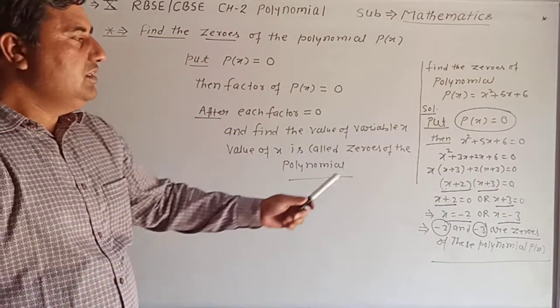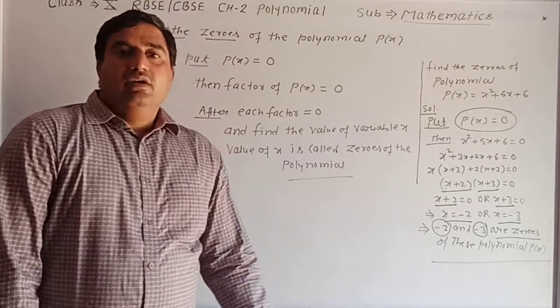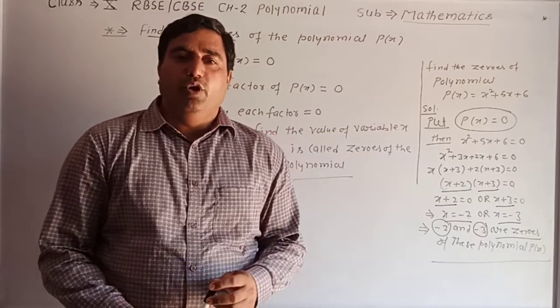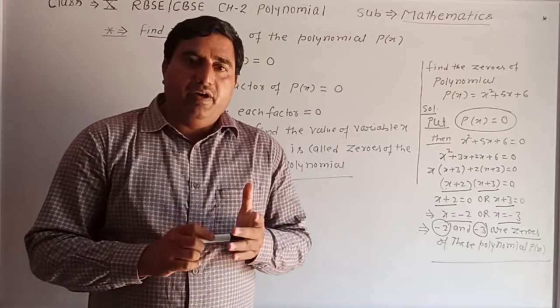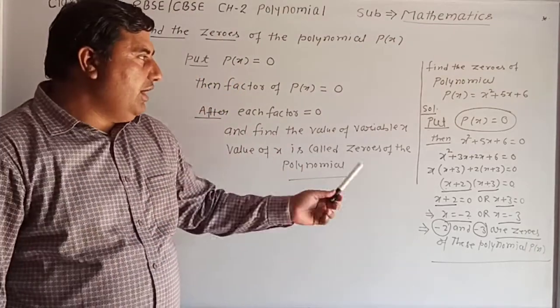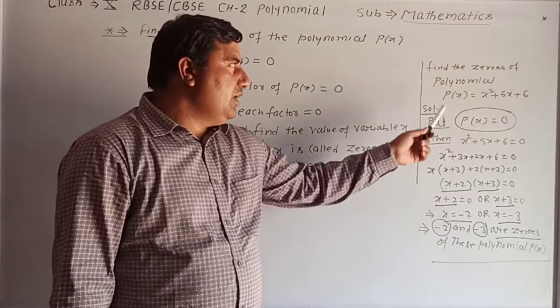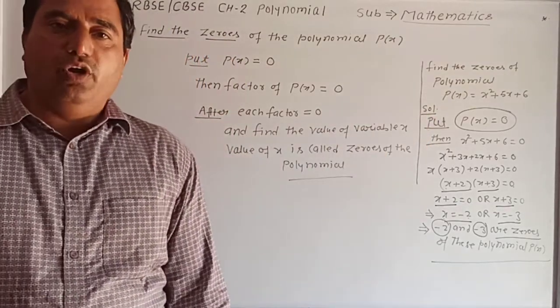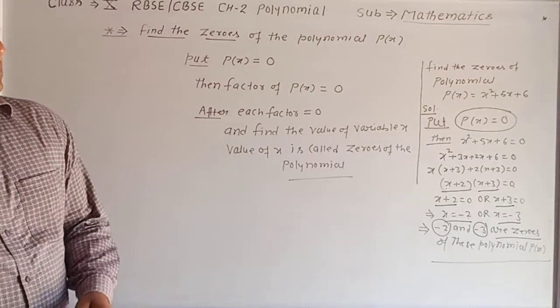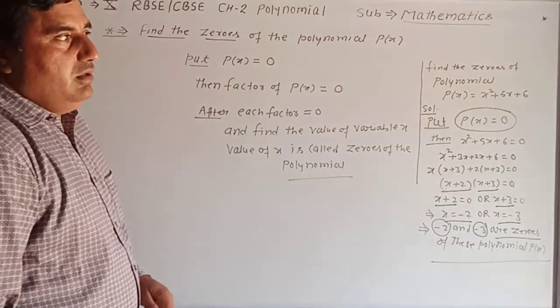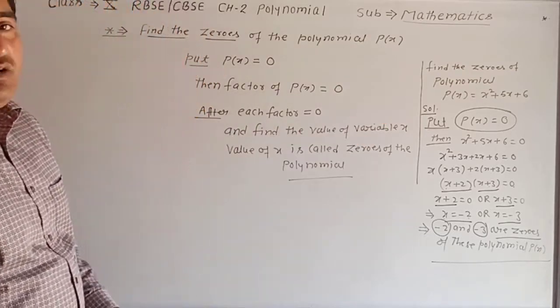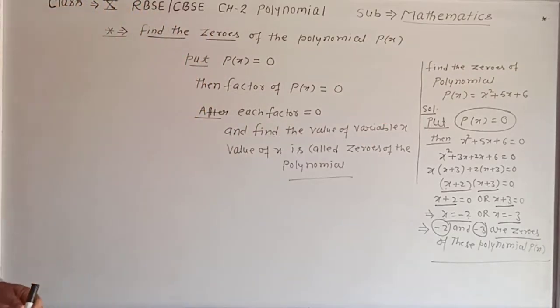This method is used to find the zeros of the polynomial. In this syllabus we find the zeros of quadratic and cubic polynomials, but the major important one is finding the zeros of the quadratic polynomial.